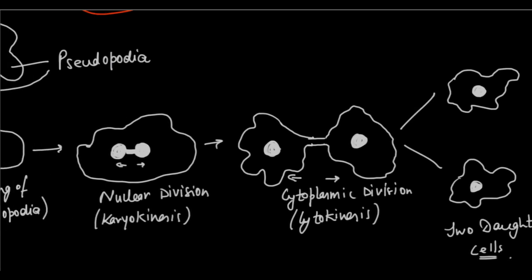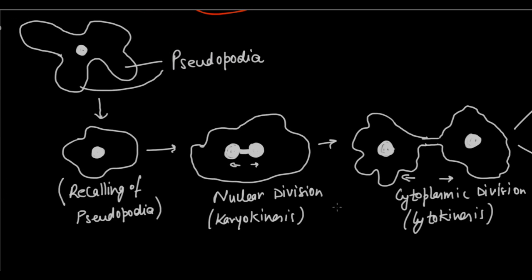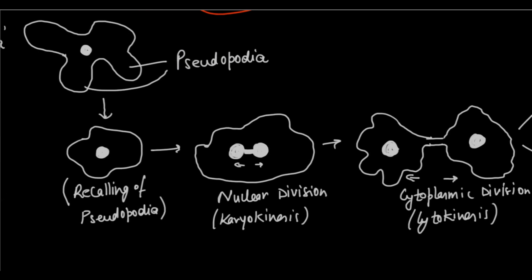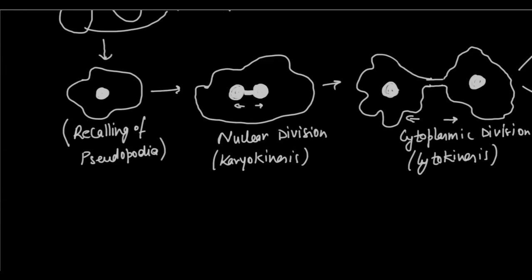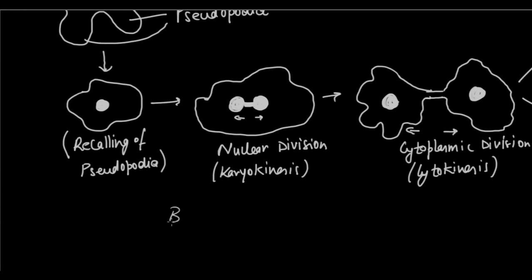You see, this is how the amoeba divides to give birth to its two daughter cells, and this is the best example of binary fission in amoeba.